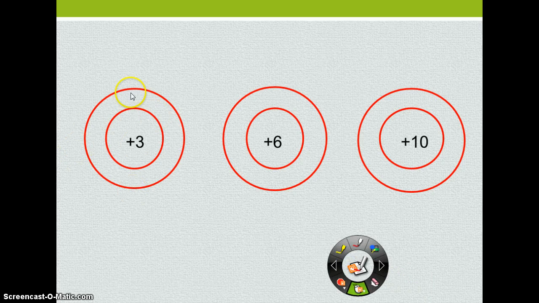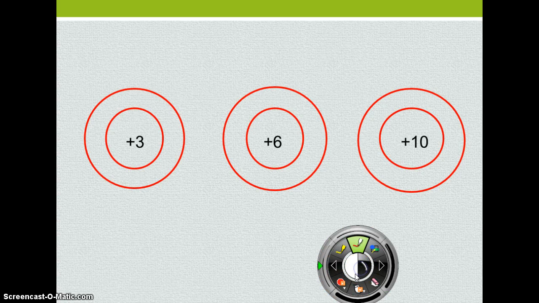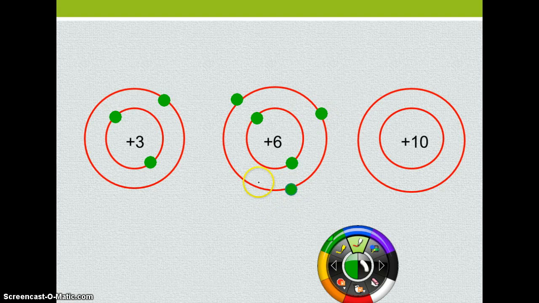If we start here with lithium, lithium's going to have 2 electrons in the inner level and 1 electron in the outer, so there's not going to be a whole lot of attraction. But as you go further across the periodic table, here we have carbon. Carbon's going to have 2 on its inner principal energy level, and then 4 out here. So now we're building more of an attraction.